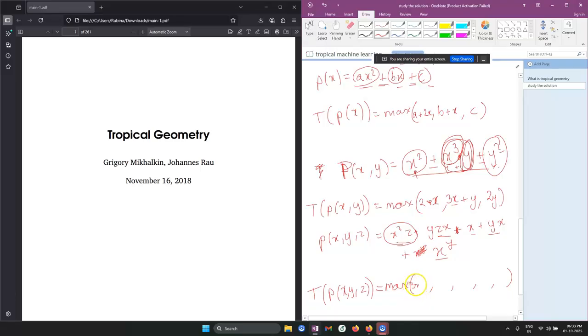Next term, x, y, z. Y plus z plus x. Easy. Next term, x plus y. Last term, yx into y plus x. Maybe, y into x.